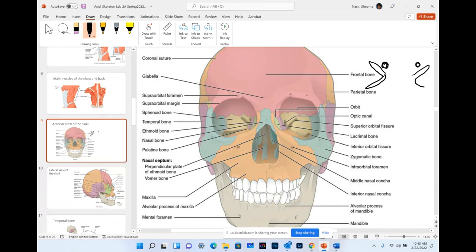Like this. And then like this. So this is basically one orbit. This is the other orbit. And here is your nose in the middle. Understood? You see this hole?